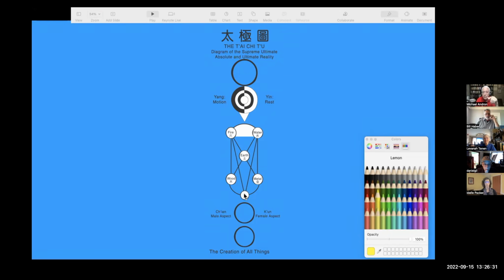This one was making a point, but it wasn't part of the system. But it's exactly the same picture in a completely different culture. It had three sets of three. And then the final grounding of it, which was the creation of all things. And this was the supreme ultimate reality, which is the Ein Sof. It's where it's starting and where it's ending.